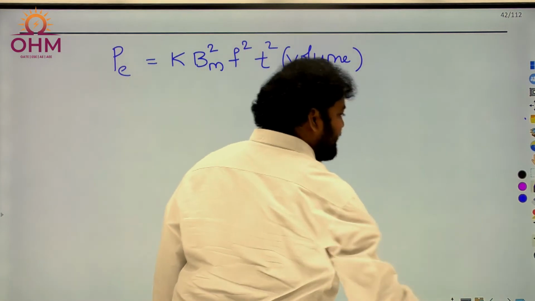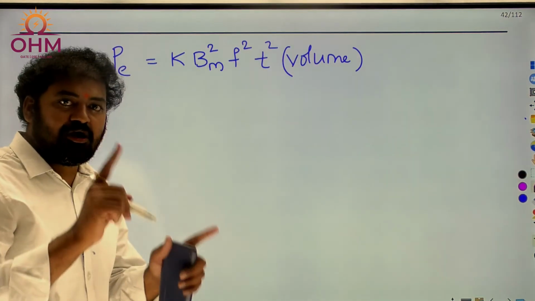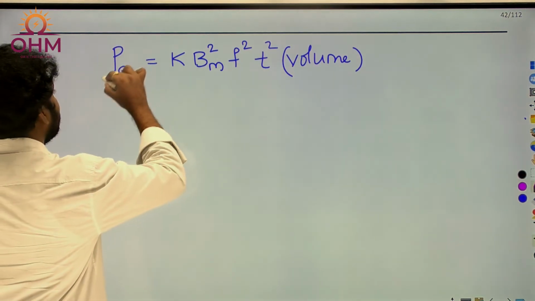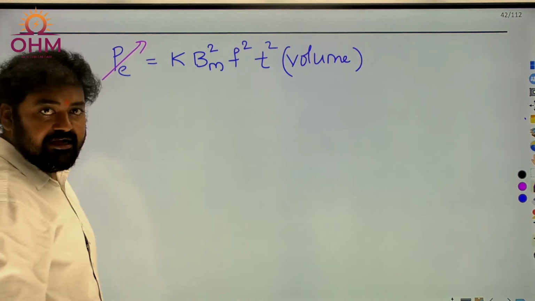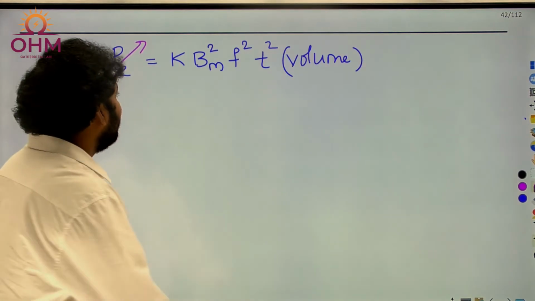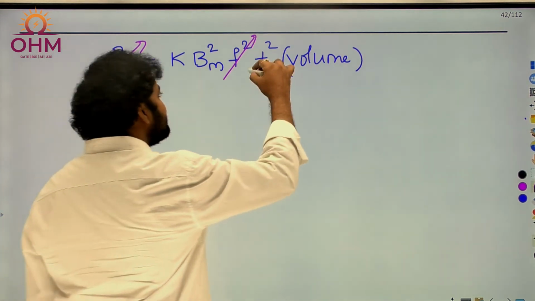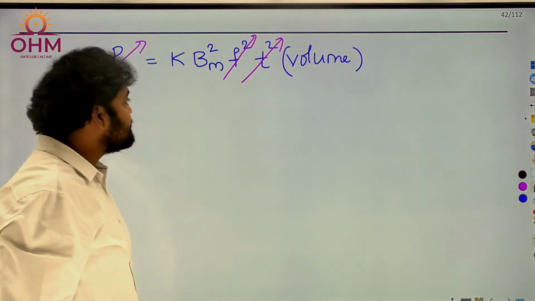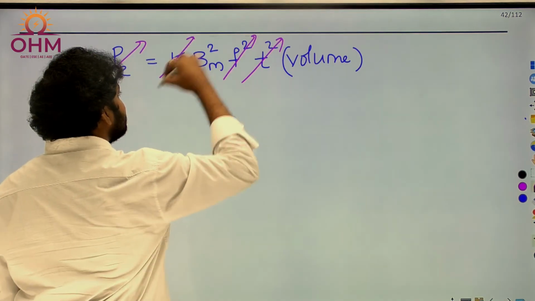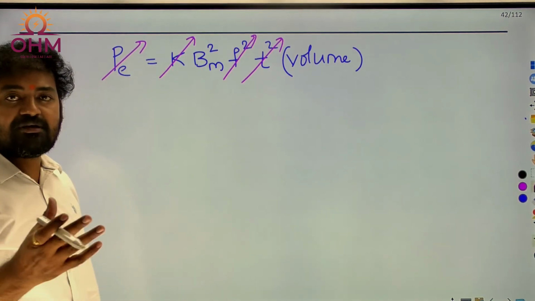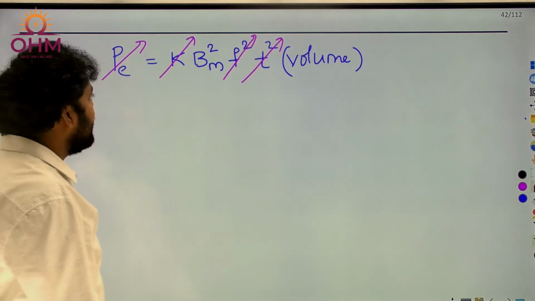What are the constant values in the question? In order to maintain I naught constant, I have to maintain eddy current loss constant. Frequency is already constant in the given question. Lamination thickness has no change, that's why it is constant. K is a constant value because there is no information that medium of the core is changing.